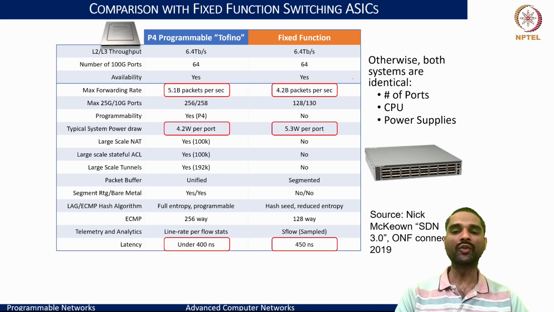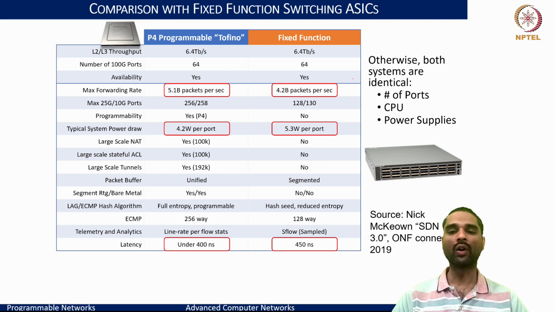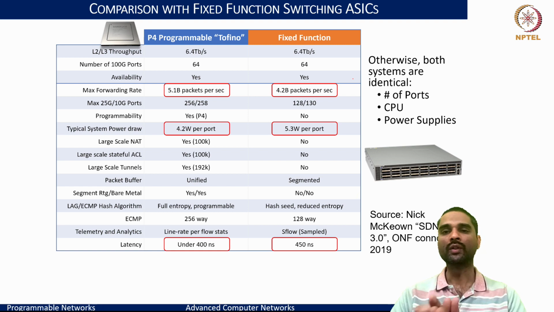And likewise, if we consider the latency of packet processing, you can see that they are both around 100-400 nanoseconds. That means the performance metrics and the power metrics are all on par with the fixed function switches that we otherwise see.